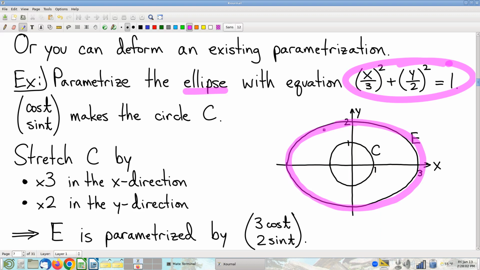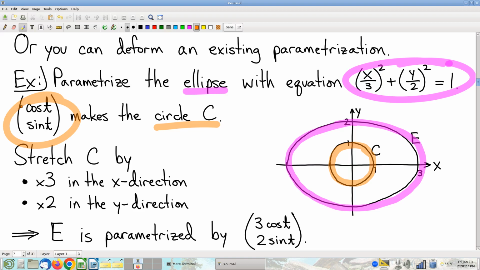Ellipses, a known fact from high school algebra, hopefully you remember this, are just the result of stretching a circle. So this ellipse is actually a pretty similar thing to this circle, which I already know how to parameterize.